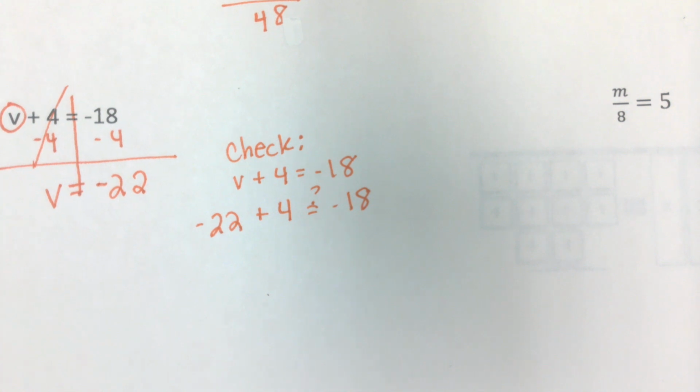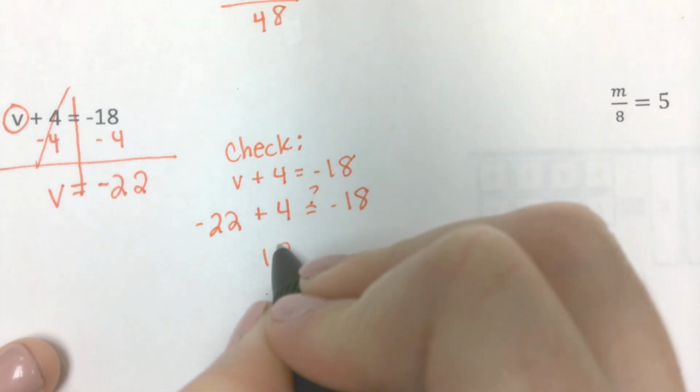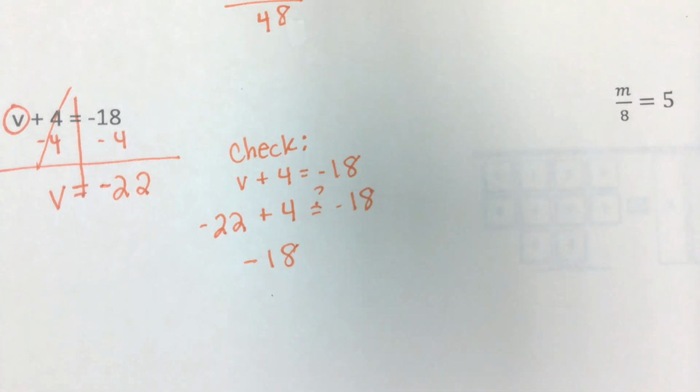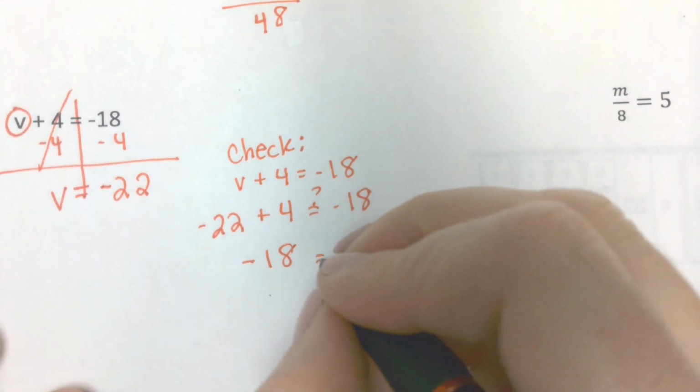So again, with the money, I owe somebody $22, but then I get $4. So these are different signs, so I actually subtract them. And I get 18, but I still owe people money, so it's negative 18. So negative 18 equals negative 18.